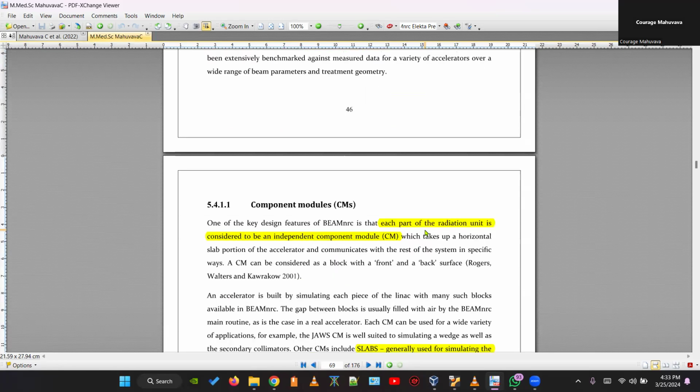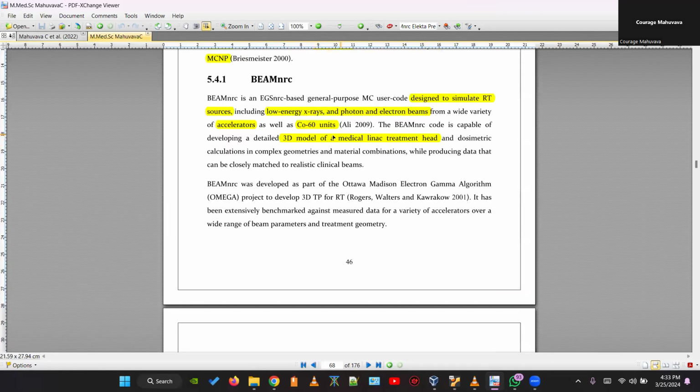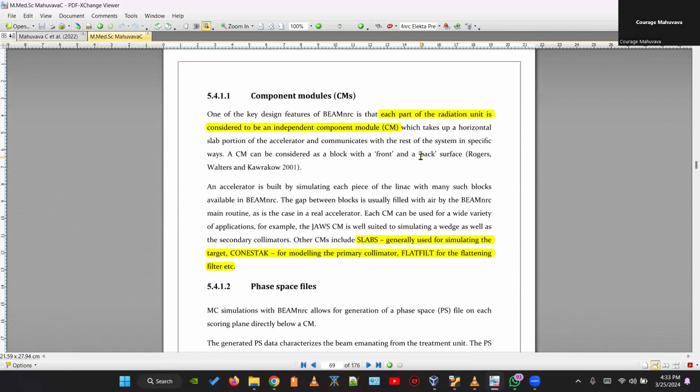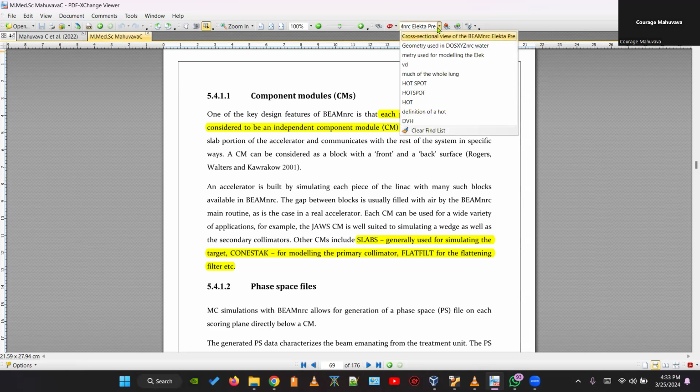All right. So what it gives you is a 3D model of the radiation unit, right? And it models each and every component using what we call component modules, right? So let me just quickly show you a quick overview.